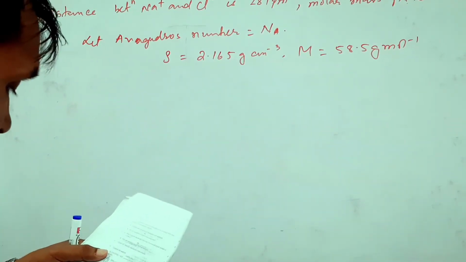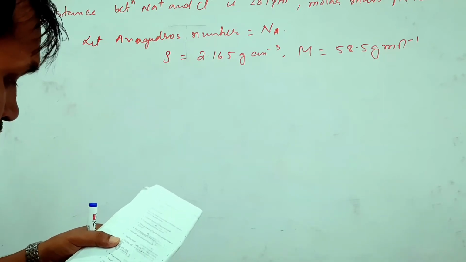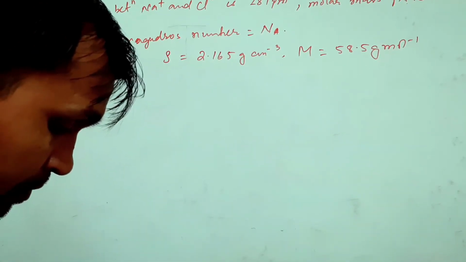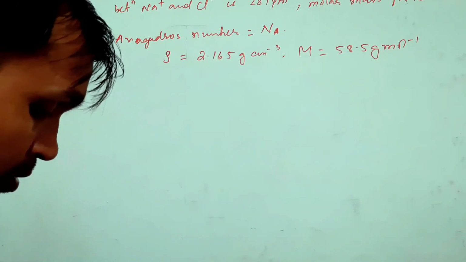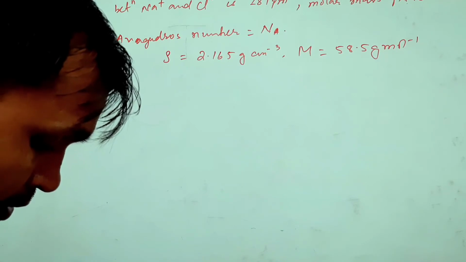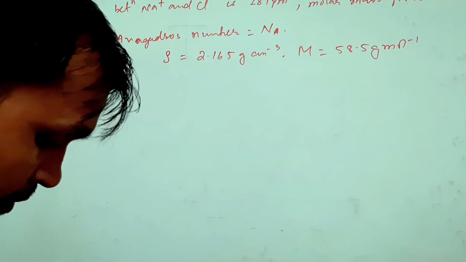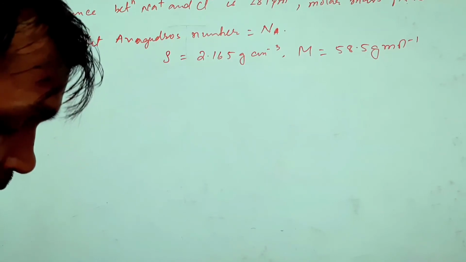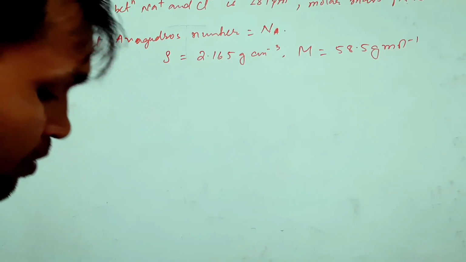Is there any more information given here? The density, the molar mass, and the Na positive and Cl negative ions.